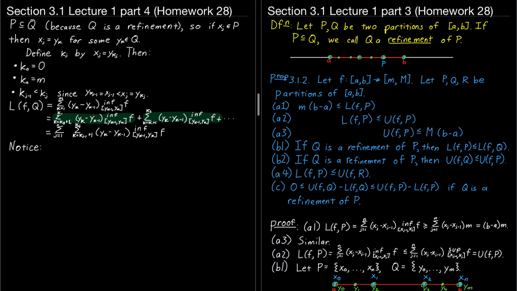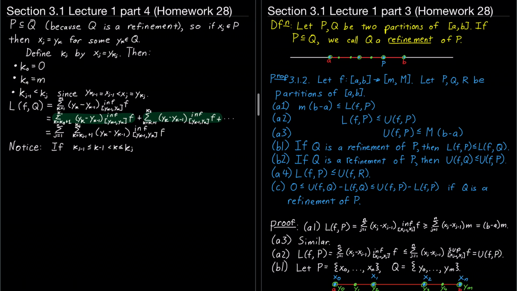It's that if k_{j-1} plus 1 is less than or equal to k, so k_{j-1} is less than or equal to k minus 1, which is less than k is less than or equal to k_j.